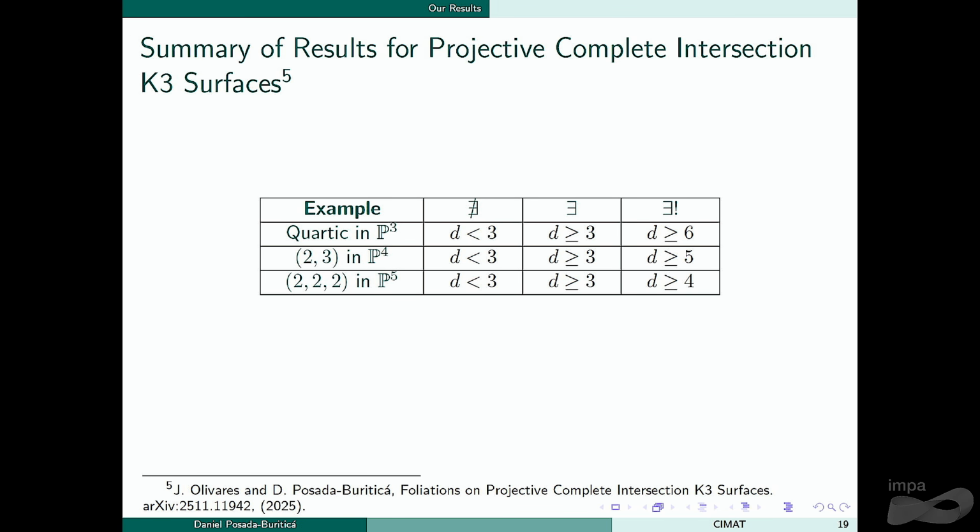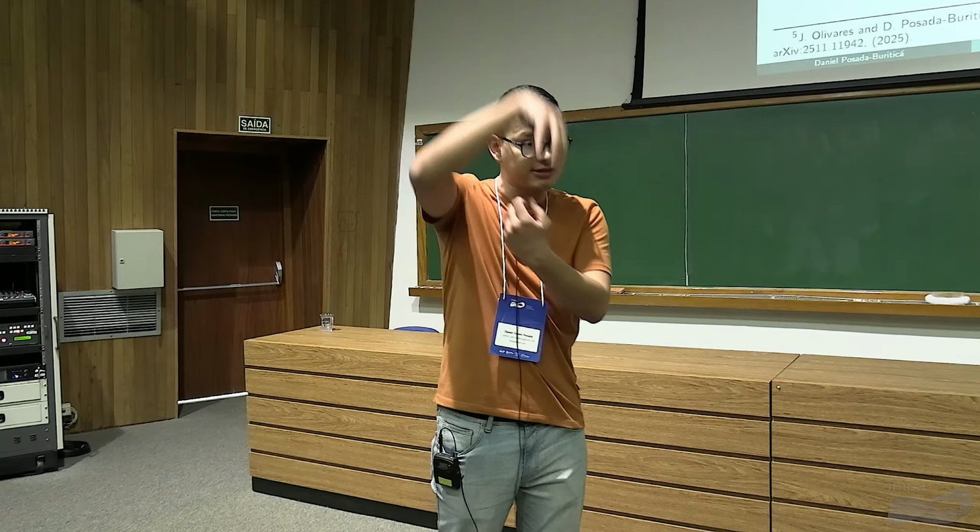Sorry, I think I missed something. So when you say there does not exist for D lower than 3, you are looking for a foliation with a given line bundle. Yes, with a bundle, but you do not prescribe the singular set. There are no foliations in P3 in the first case that leave the surface invariant.